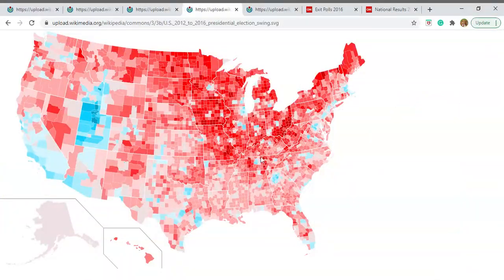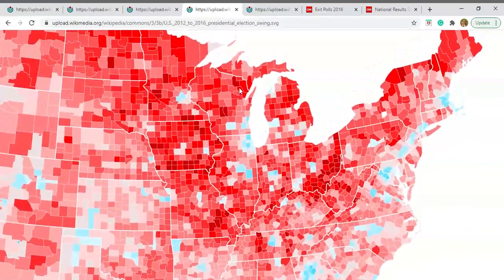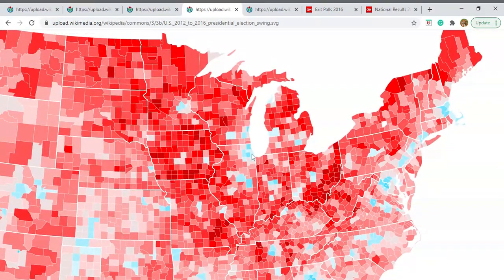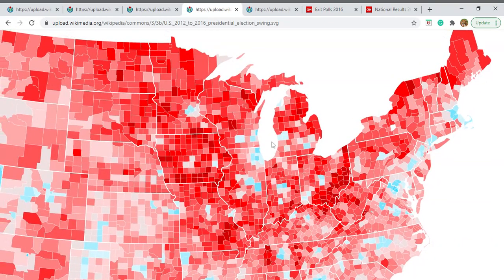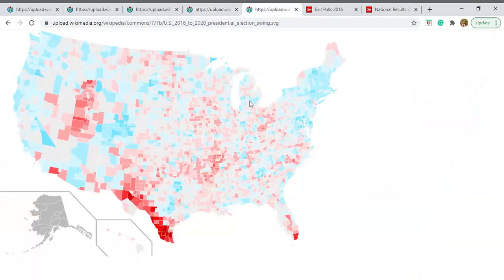And then this map shows how counties trended from 2012 to 2016. So we can really see how dark areas in the Midwest are, such as in Iowa and in eastern Ohio and much of the Rust Belt. And then we can also see how counties have trended from 2016 to 2020.